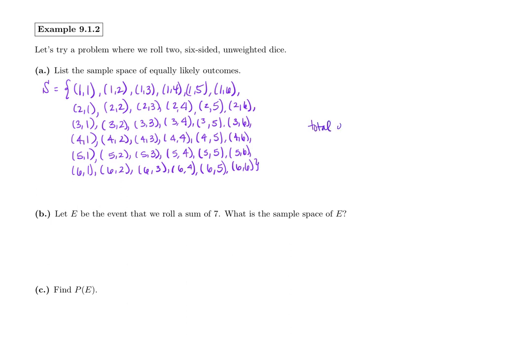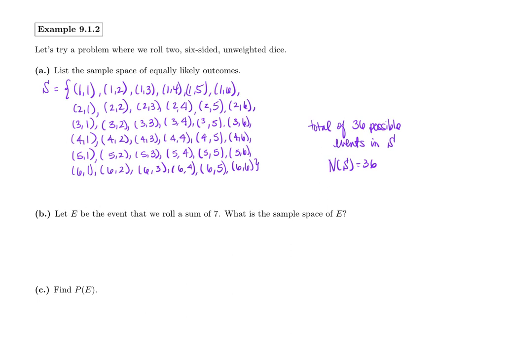So we know we have a total of 36 possible events in S. In other words, N of S is 36. We might need that soon. So if we let E be the event that we roll a sum of 7, what is our sample space?